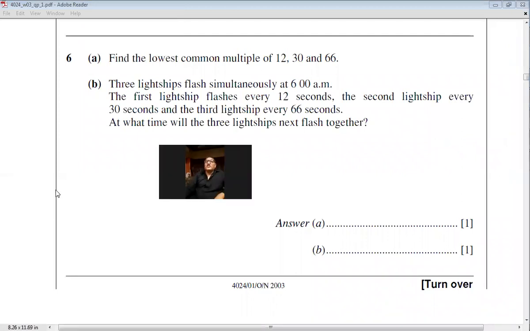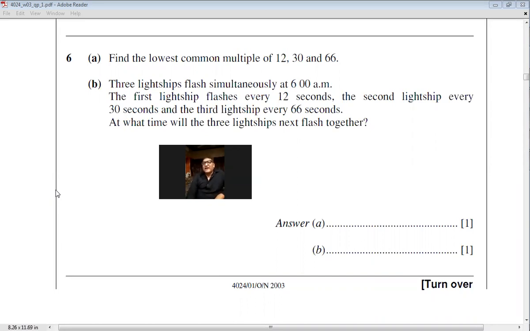Okay, the next question is: three lightships flash simultaneously at 6 a.m. The first lightship flashes every 12 seconds, the second lightship every 30 seconds, and the third lightship every 66 seconds. At what time will the 3 lightships next flash together?